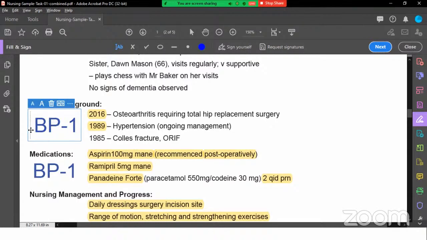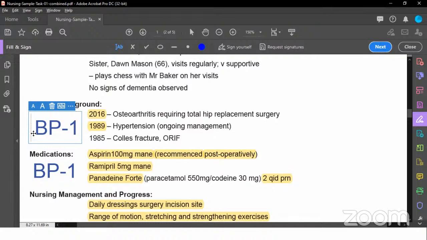So there is a relation between medications and medical background. He's taking these medications for something. So how are you going to make sentences for this?